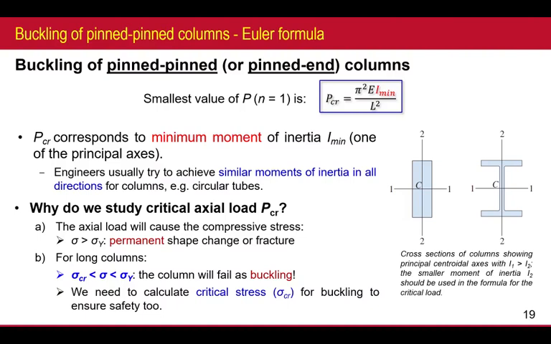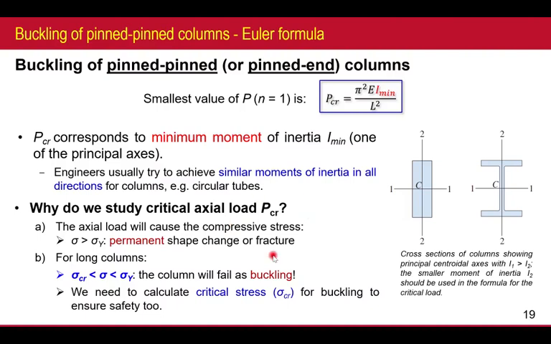But for slender columns, this situation will change. For example, sigma greater than sigma yield means permanent shape change. But even for a load much less than sigma yield, if sigma is greater than the critical sigma, the column fails.